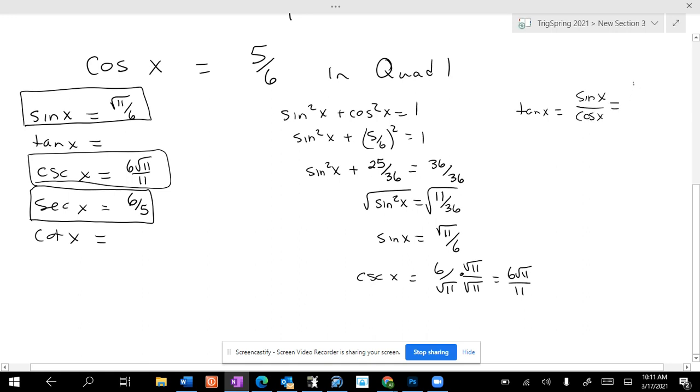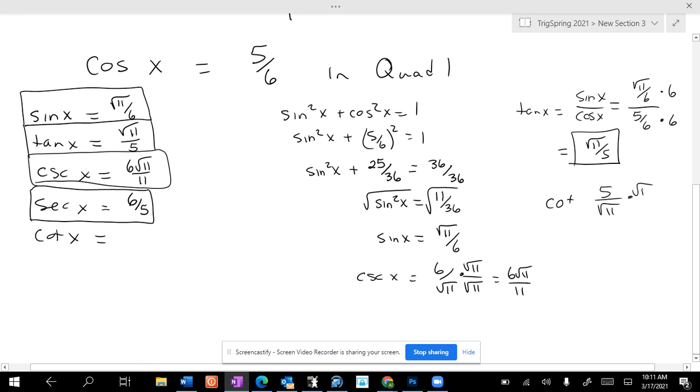So tangent of x is square root 11 over 6 over 5/6, right? What do I do? Multiply by 6 on top and bottom. So the tangent of x equals the square root 11 over 5. That one's done. What's the only one left? Cotangent. Cotangent is 5 over the square root of 11. Multiply top and bottom by square root of 11. So it's 5 square root of 11 over 11.